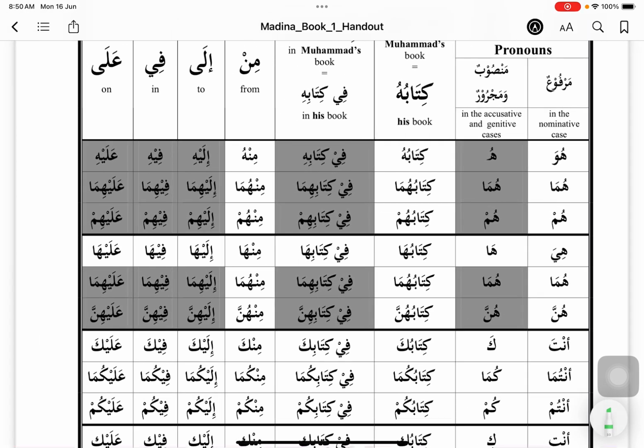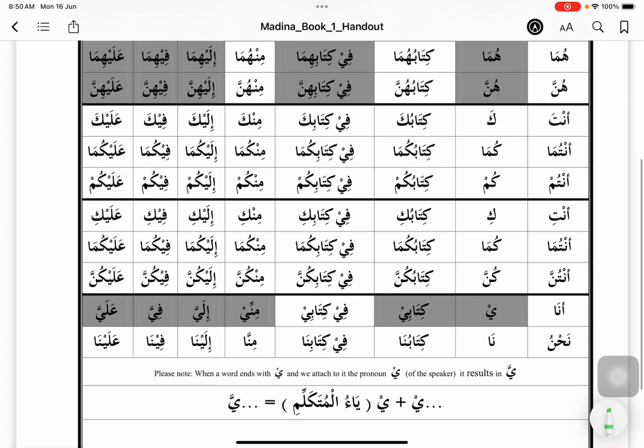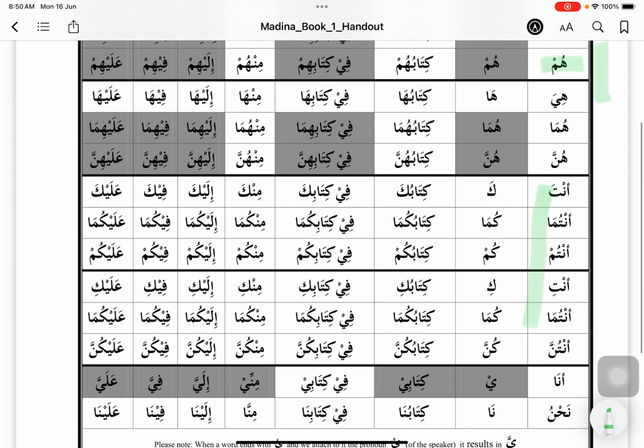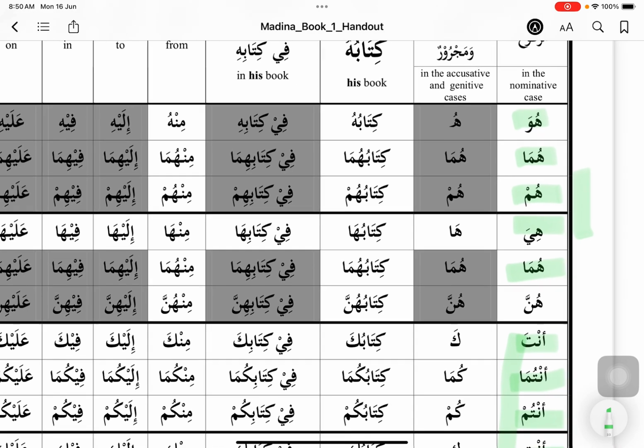The detached form and the attached form. So the detached forms, if you remember, hua, huma, hum, hiya, huma, hunna. Anta, antuma, antum, anti, antuma, antunna, ana, nahnu. If it's a little bit rusty, you should go back and review the video.